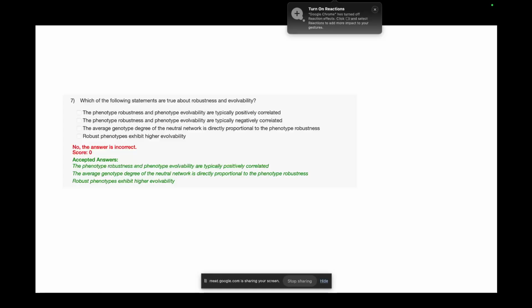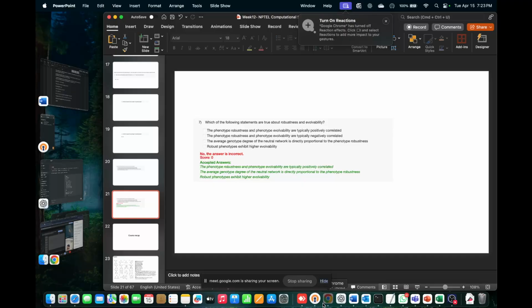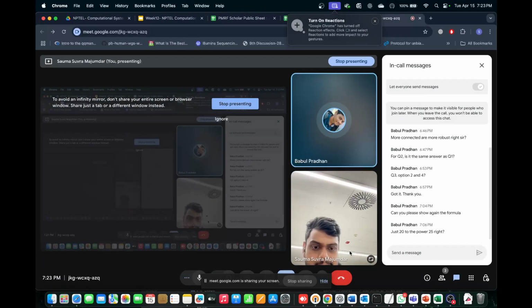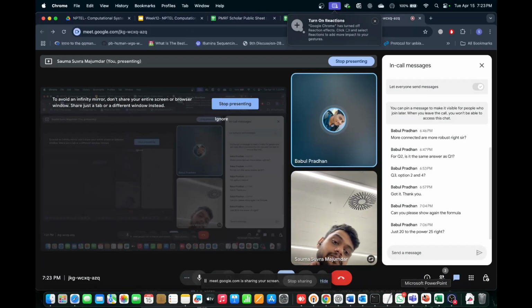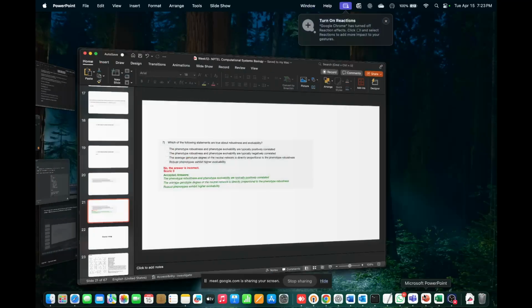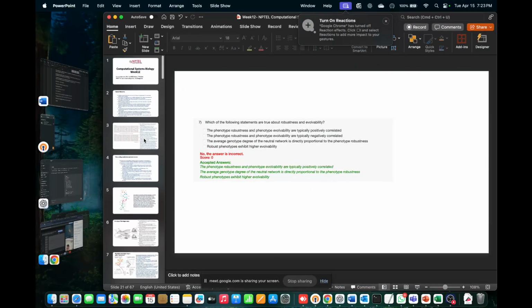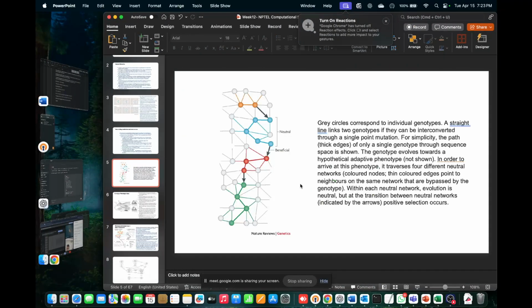Do you have any question? So higher the robustness, higher the chances for evolvability, right? Yeah. I don't think you had joined at this position, but this is the idea. If you have a lot of robustness inside the network, you can mutate from one node to another node.